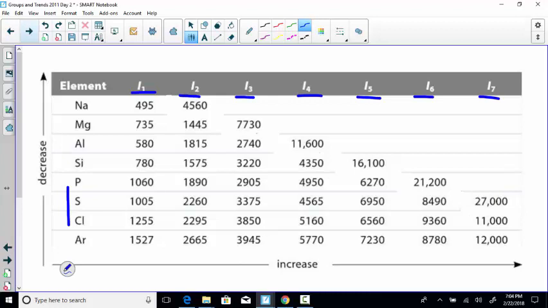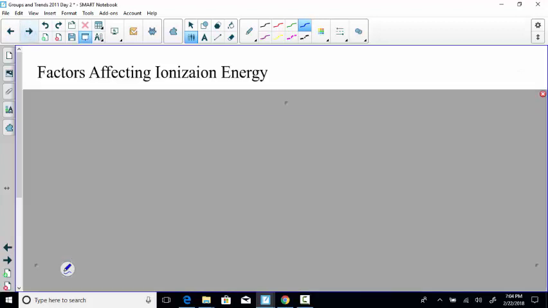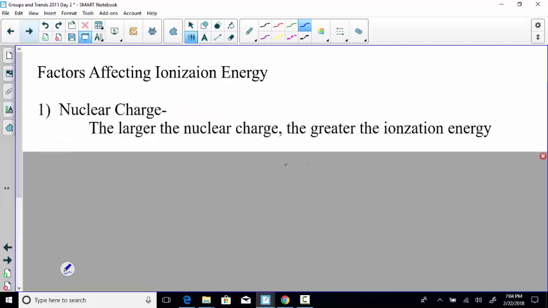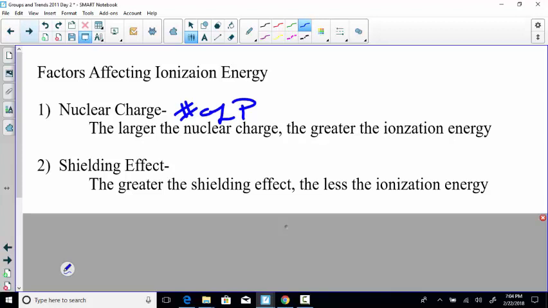All right, there's one last thing. There are 4 factors that affect ionization energy. The first one is nuclear charge. Nuclear charge is really the number of protons. The larger the number of protons, the greater the ionization energy. Second, shielding effect. I said earlier that this is going to be an answer to a lot of your questions.